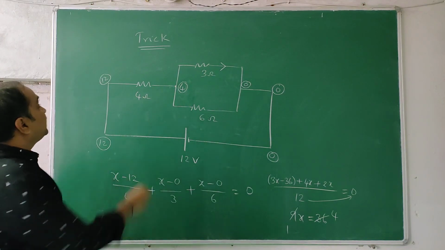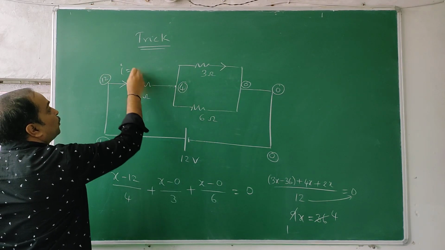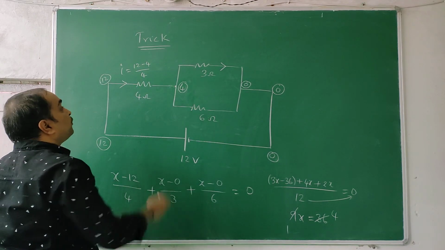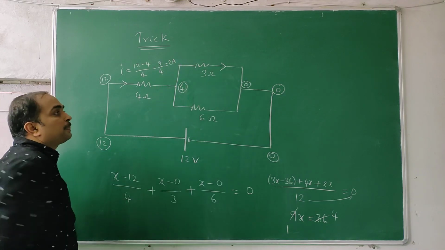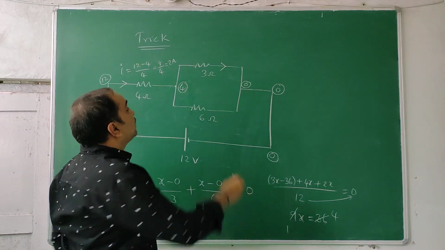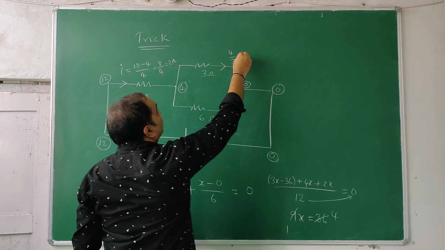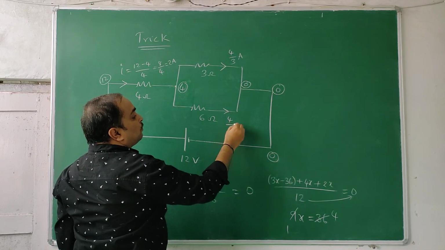So the current across this, I, is equal to the potential difference, 12 minus 4, by 4. 12 minus 4 is 8, by 4, that is 2 amperes. Similarly across this, 4 minus 0 by 3, that is 4 by 3 amps. 4 minus 0 by 6, 4 by 6 amps.